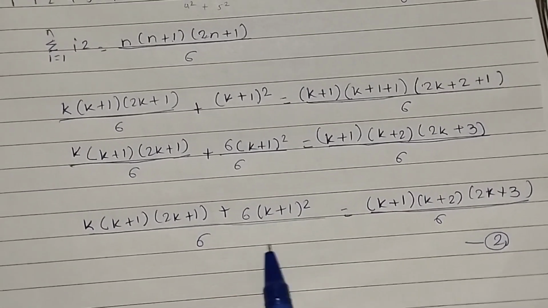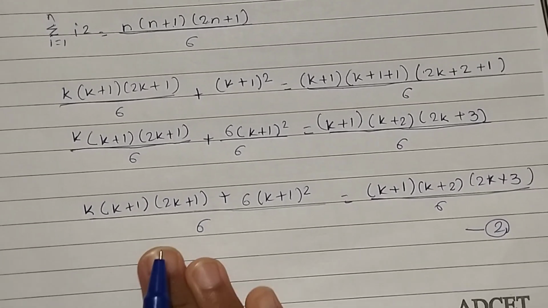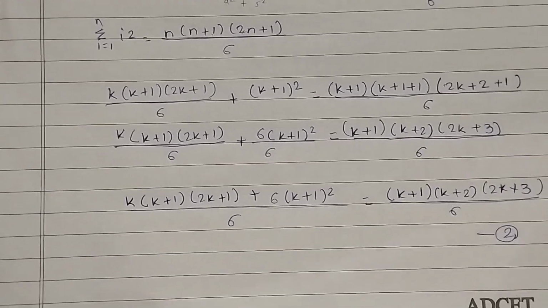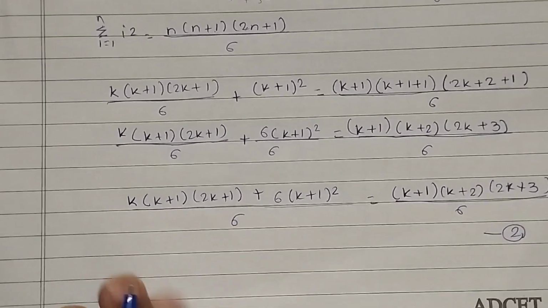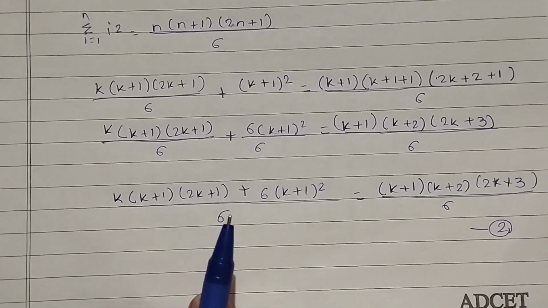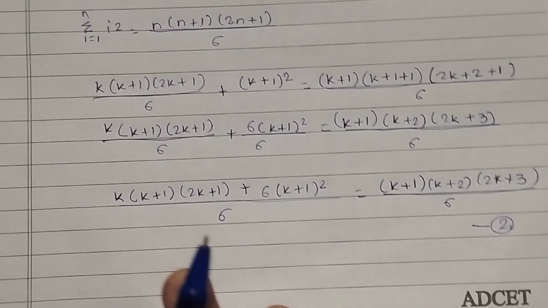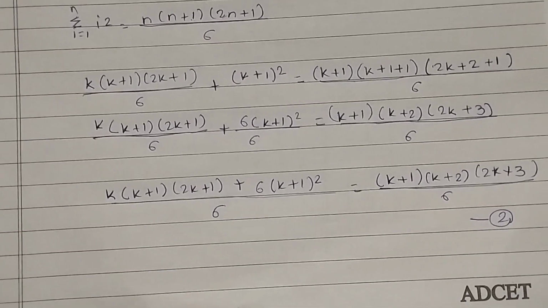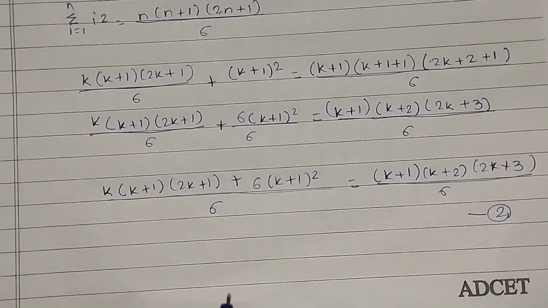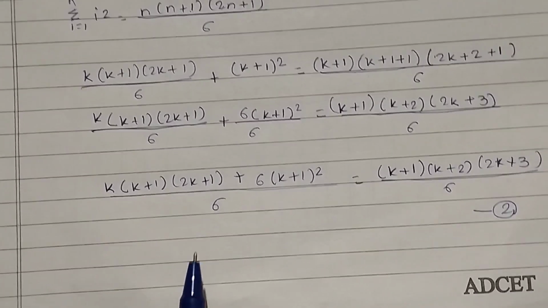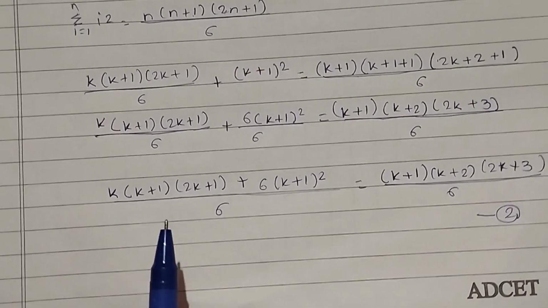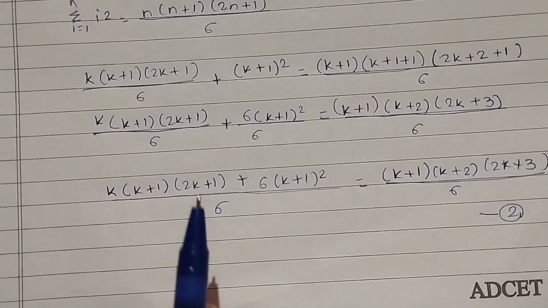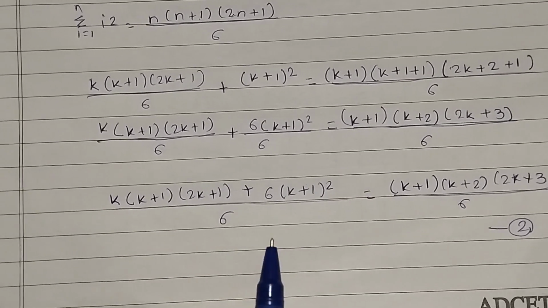So now we prove this term, this LHS is equal to RHS. So keep it in your mind when we prove the LHS is equal to RHS and when not. As I say, when we prove any equation, that time only 3 steps we perform. In the first step we assume n is equal to 1, and that time we prove LHS is equal to RHS.